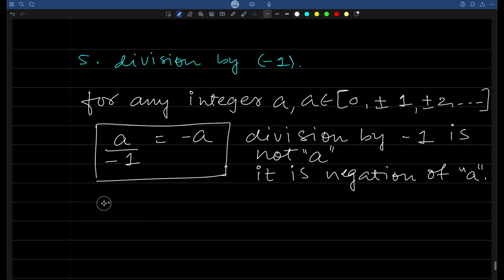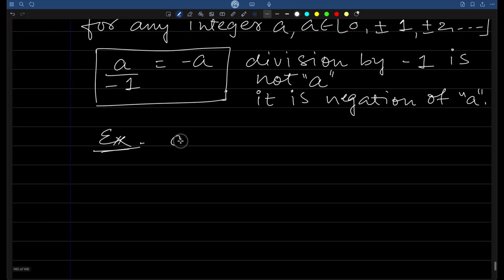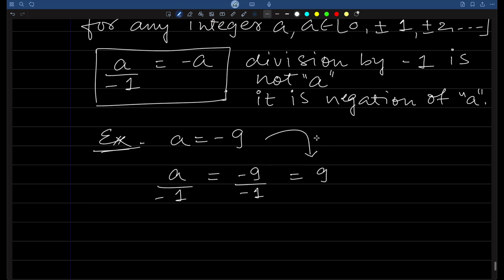If we take one example, that is for a equals to minus 9, we get a divided by minus 1, that is equals to minus 9 divided by minus 1 equals to 9, which is negation of minus 9.